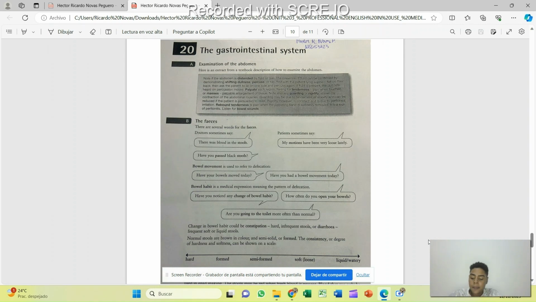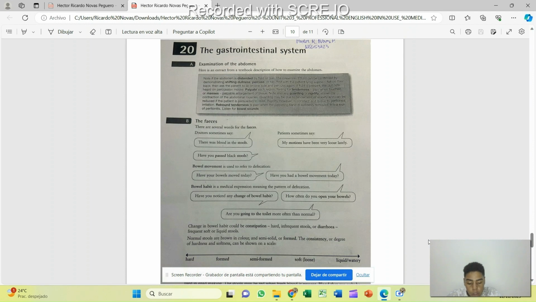watery. The color can vary from black, due to altered blood, which is melaena, to yellow, gray, or even white.